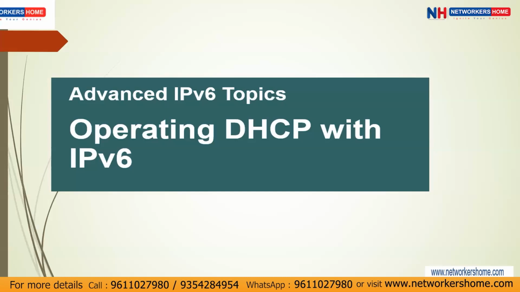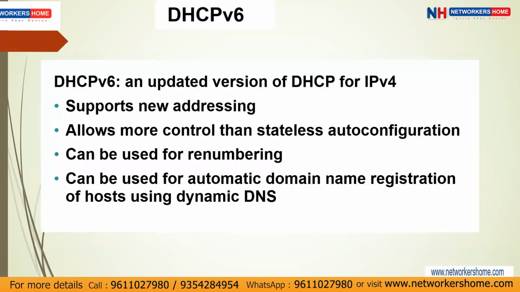This mechanism is known as stateful DHCPv6 because the DHCPv6 server tracks the client address and binding. In stateless, the DHCP server doesn't track the client address and binding. In stateful, it does. The IP version 6 DHCP messages are the solicit message, then advertise, then request, and then reply.